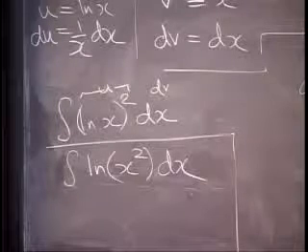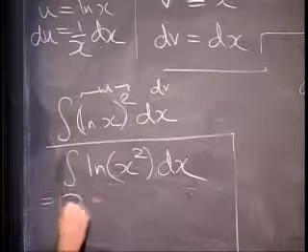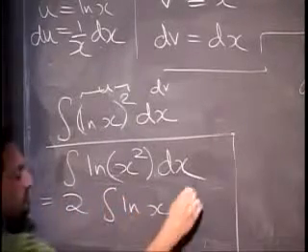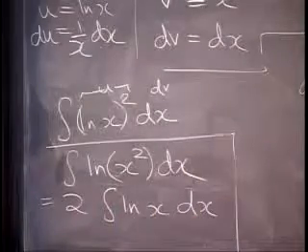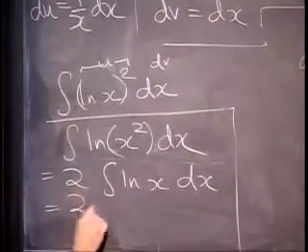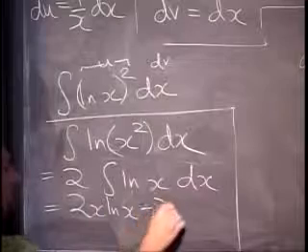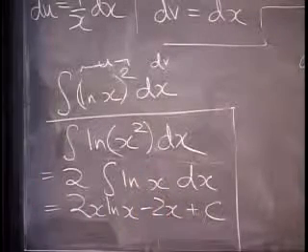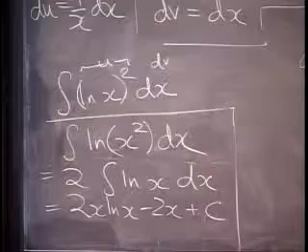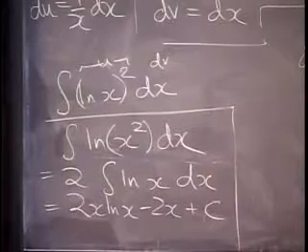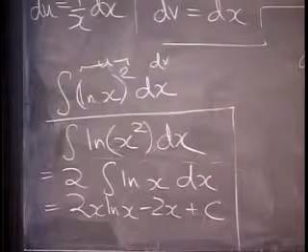Anyone think of the sneaky way? Yep. Put the 2 out the front. Use the log rules. And we've just done that. In fact, it'll be 2x log x minus 2x plus a constant. So that's kind of nice. That doesn't work for this. That's log x all squared.